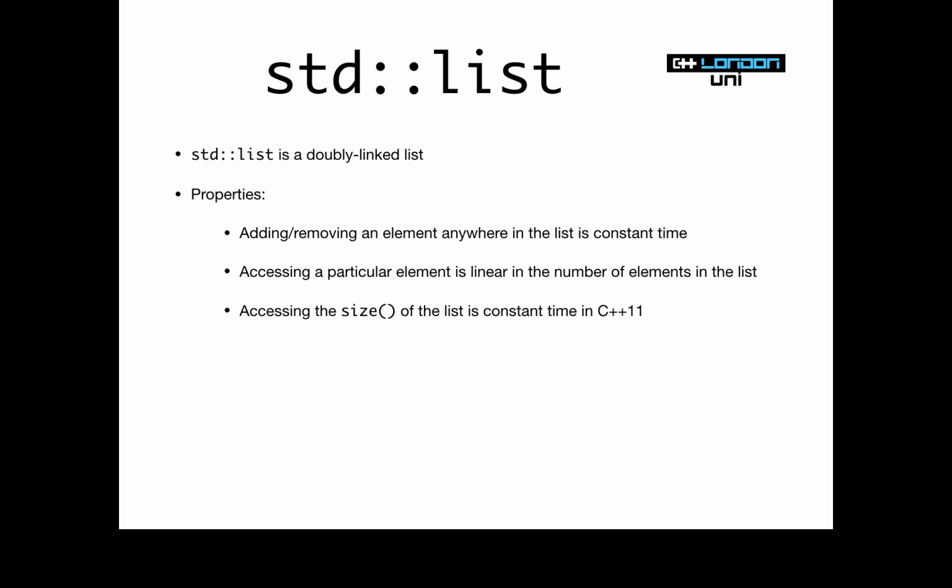So if we want to access a particular element in a list, that's slow. Do you mean a use case, why you would use it? Say I need to allocate 5 million elements, and each of them is 100 megabytes in size.